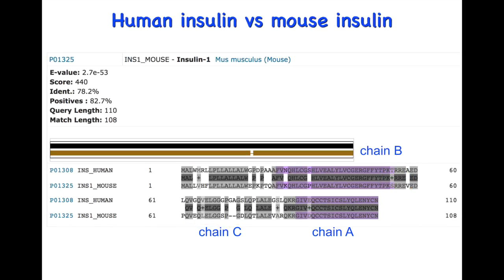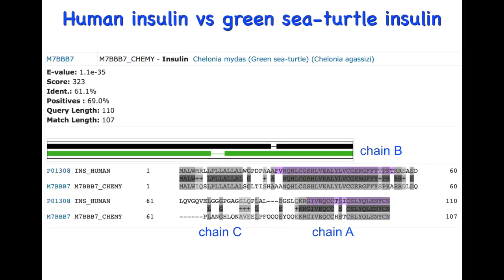Okay, mouse shows a similar story as pigs, and we diverged, mouse and man, between 65 to 75 million years ago. Now, I tried to find a molecule as far back as I could go, and I did manage to dig out the green sea turtle. And I'm not sure how long ago we diverged, but it's probably more than 100 million years. These turtles have been around for a long time.